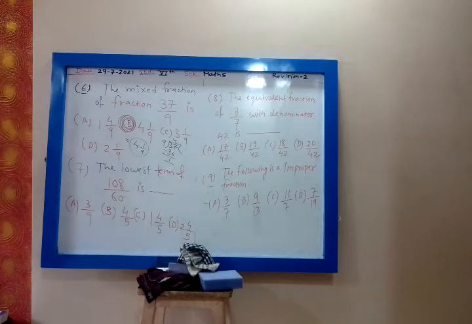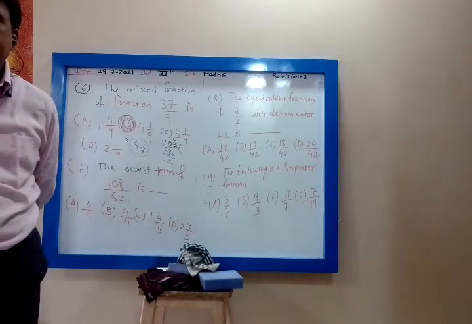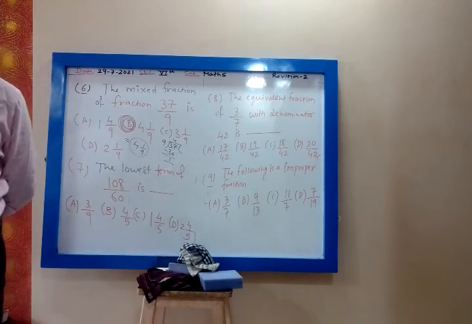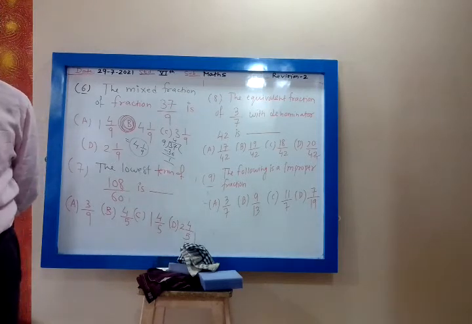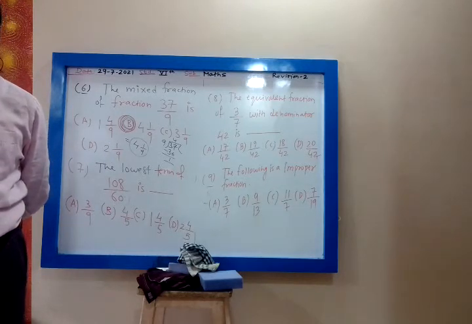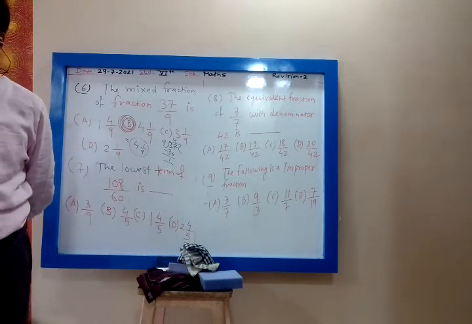Yes, tell me. C option. Seventh one. D or C. What answer comes? 9 upon 5. 9 upon 5 you can write as mixed fraction.